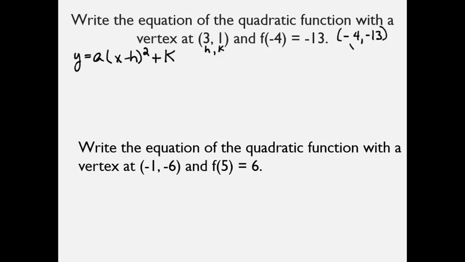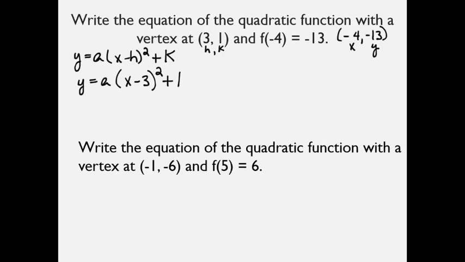That's what we're going to use for x and y when we want to figure out what a is. Okay. So y equals, let's first put the vertex in, a(x - 3) plus 1. Just put in h and k.